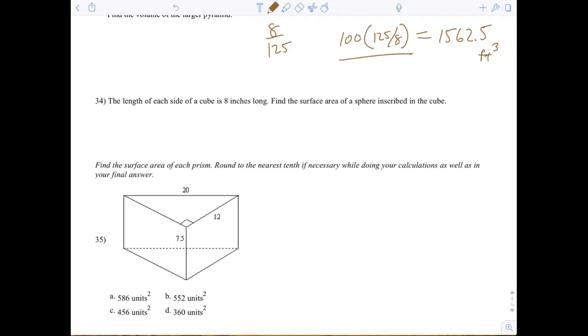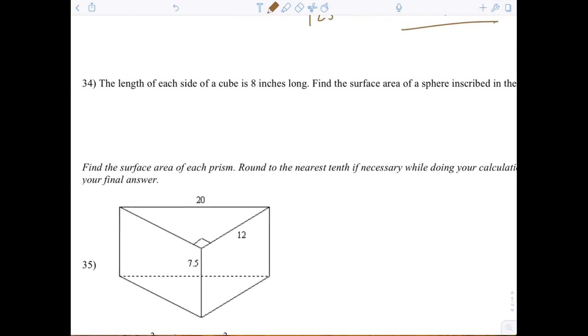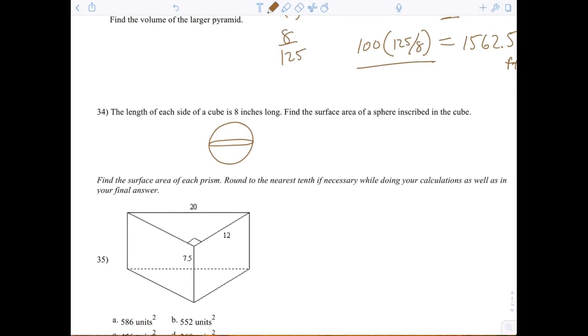Can somebody tell me what the surface area of the sphere is? Okay, so listen. This one's kind of tricky. I'm not sure how you guys did it, so let's take a look at my sphere. And then there's a cube.